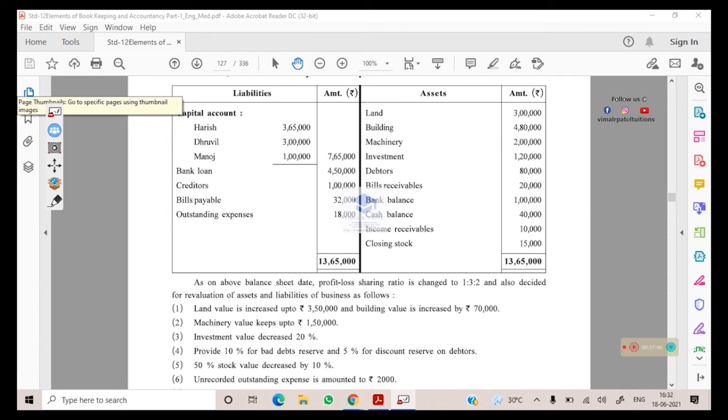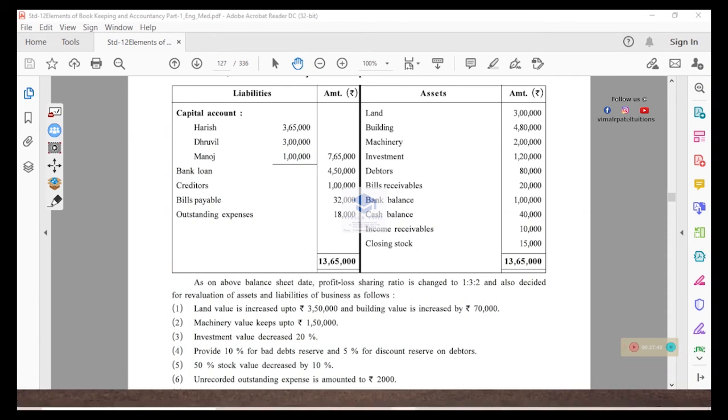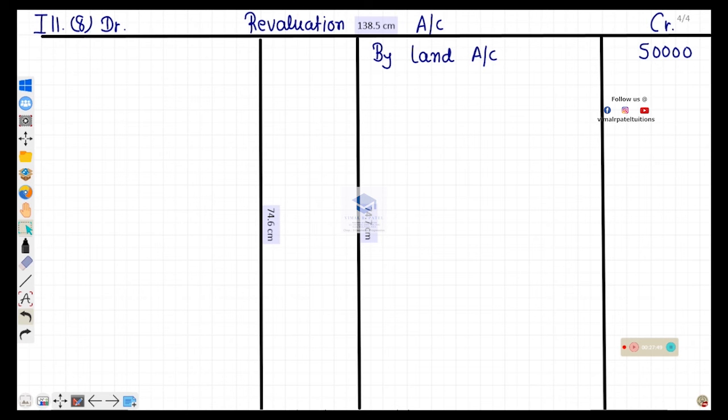Then building value is increased by 70,000. Directly it has been asked, you have to increase 70,000.